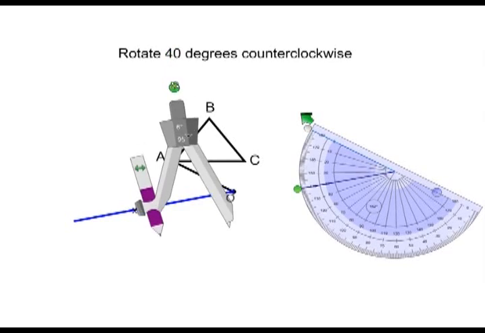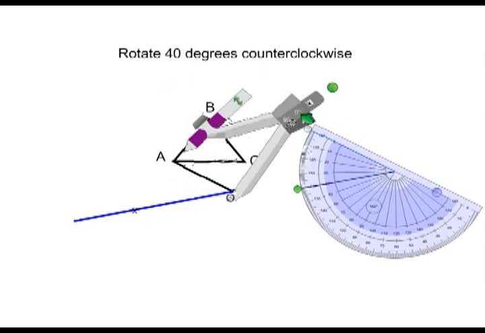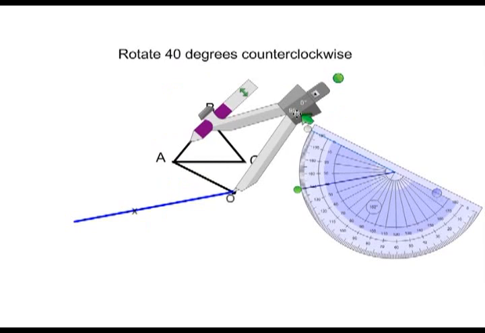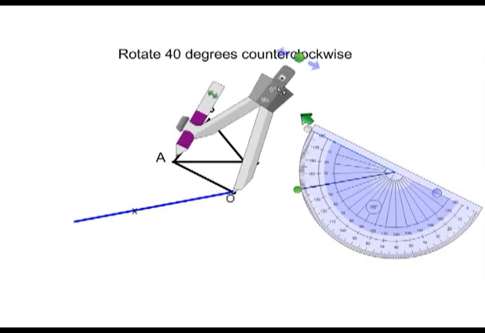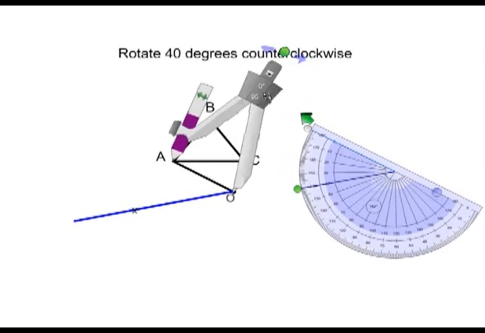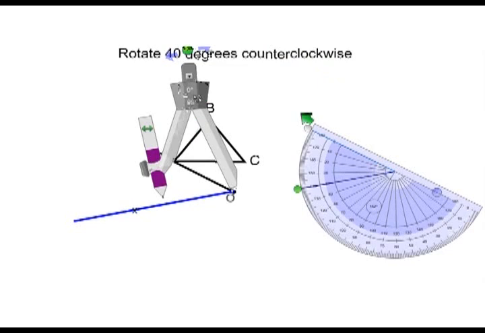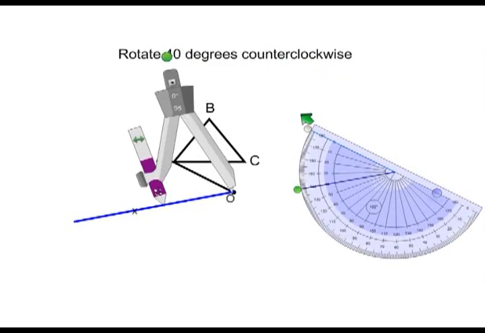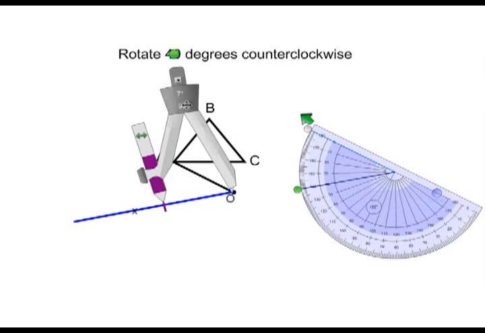Now I will take the compass there and measure this distance OA because I need the same distance on my new line. I'll mark the distance here, and that's A prime.